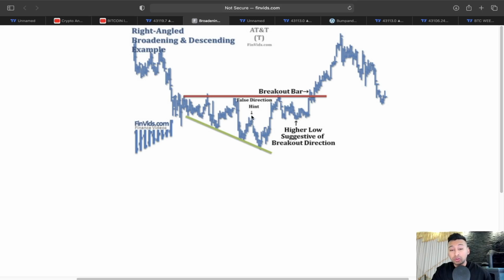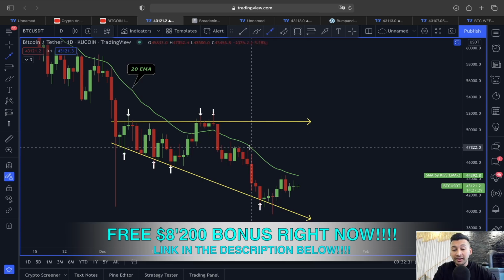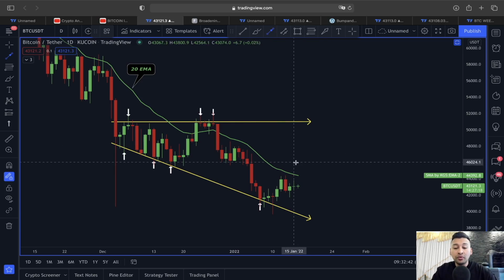And if this is not a false direction hint, right, where the price sees this impulsive movement, then again a corrective movement, then we are aware the price of Bitcoin must break out of this resistance line, which is the 20 exponential moving average. And this 20 exponential moving average, this green line, is sitting around 44,400 price area.